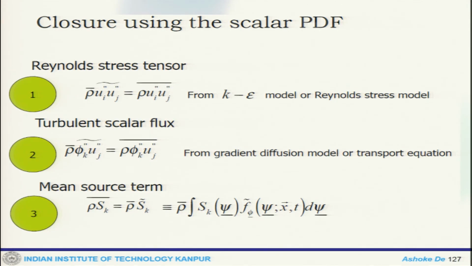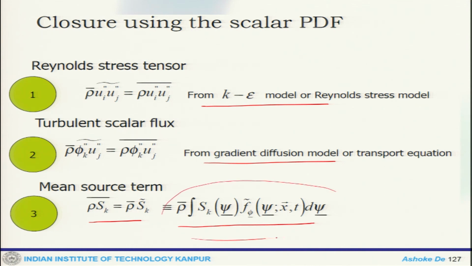These are the set of governing equations, and how do we close them? The Reynolds stress using some RANS based model, the turbulent scalar flux using the gradient assumption, and the mean source term we can close using the composition PDF method. This is the difference that we see compared to other models, when talking about the transport PDF based model.